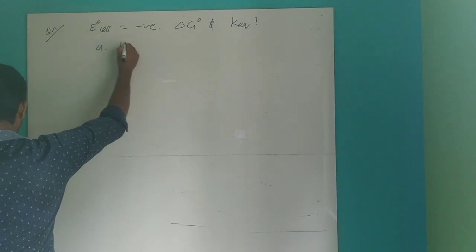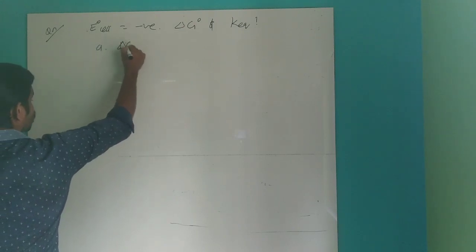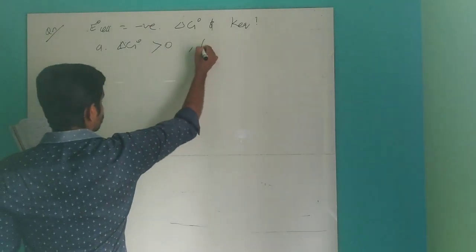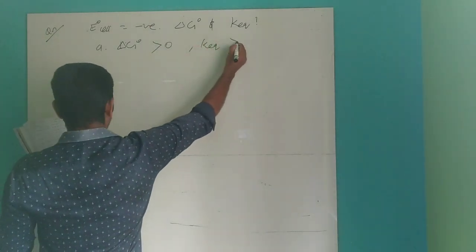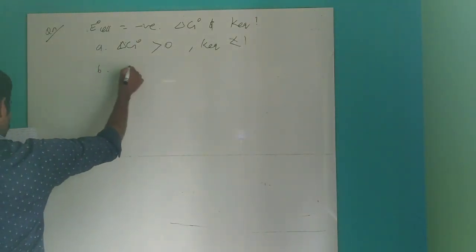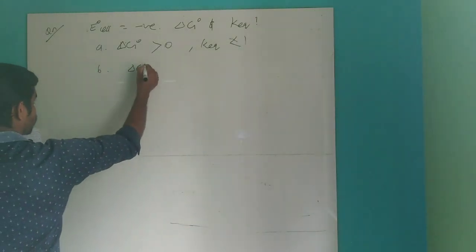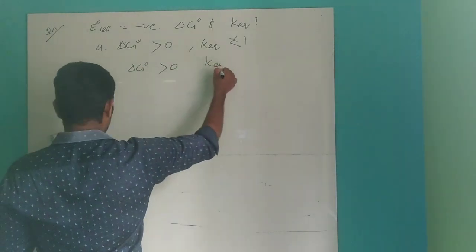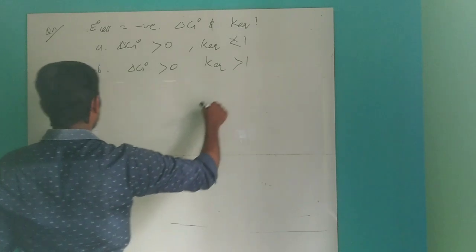Option A, delta G0 is higher than 0 and K equilibrium will be lesser than 1. Option B, delta G0 is higher than 0 and K equilibrium will be higher than 1.